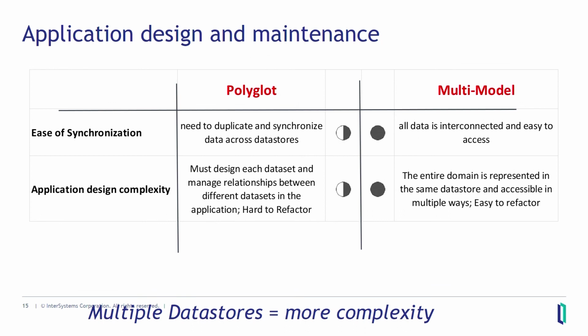From a synchronization standpoint, the advantage of having multiple modules architecturally, right, decomposition is a good thing. But if decomposition means you have multiple data stores for different parts, then you need to synchronize the data, and you need to replicate the data. So that adds complexity.